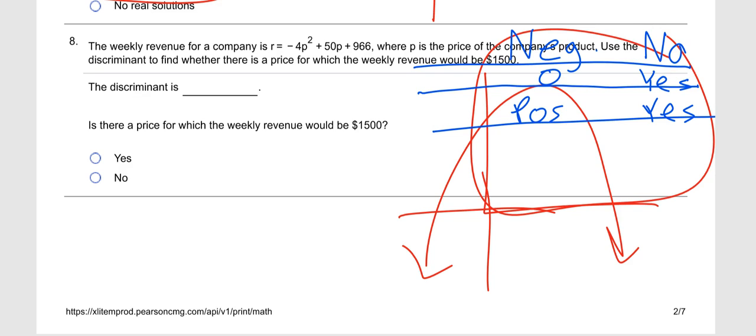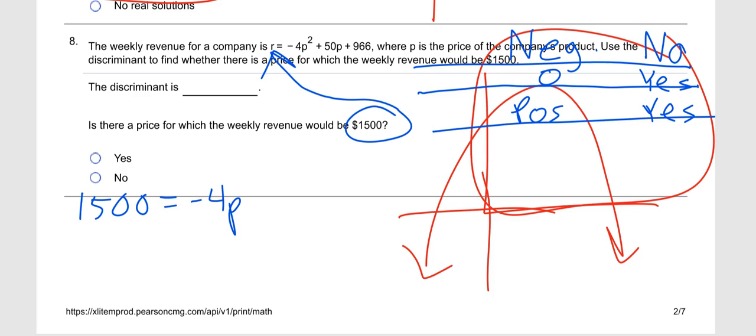So how do I determine whether it's negative, 0, or positive? What am I going to do with this number? It's the revenue, right? So if 1500 equals negative 4p squared plus 50p plus 966, what are we going to do with that 1500?